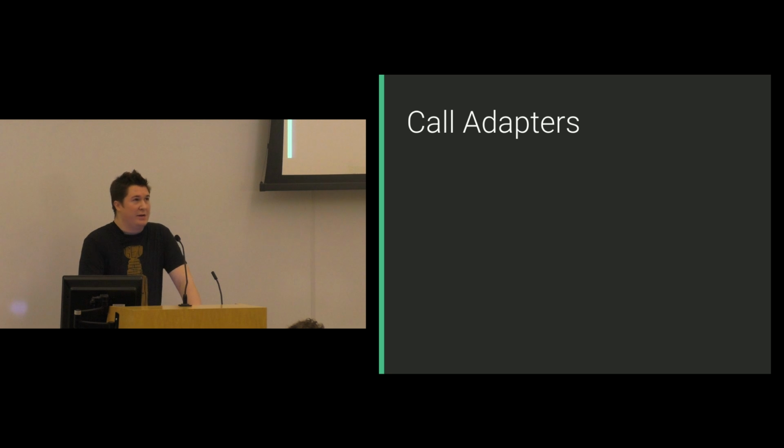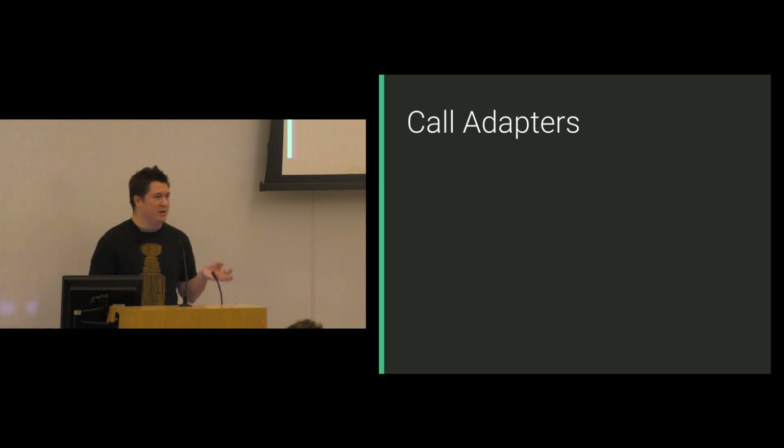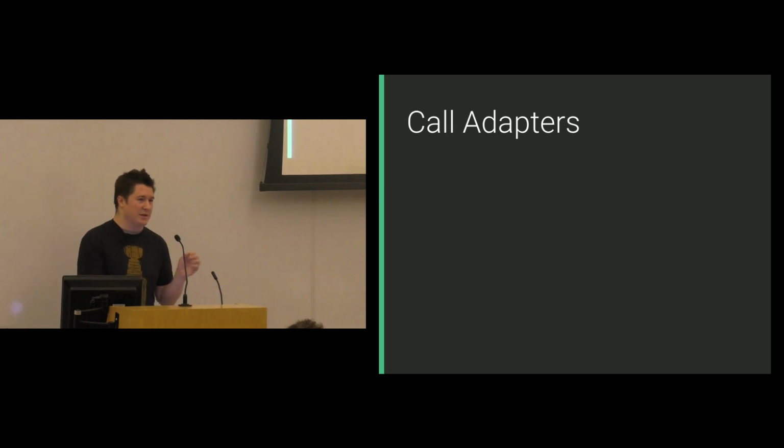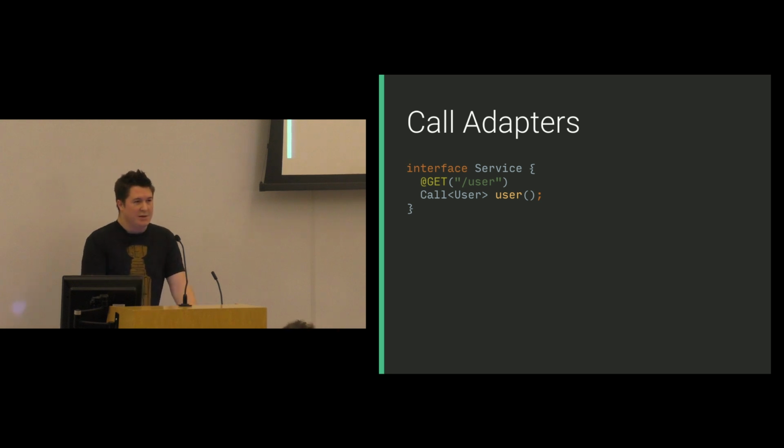And that's actually how the request is being made. So converters deal with the bytes and the objects. Call adapters deal with the actual execution, like the synchronous or asynchronous, the threading. So by default, I've been talking about this call object. And this call object is the built-in execution mechanism of Retrofit. It allows you to execute things synchronously or asynchronously.